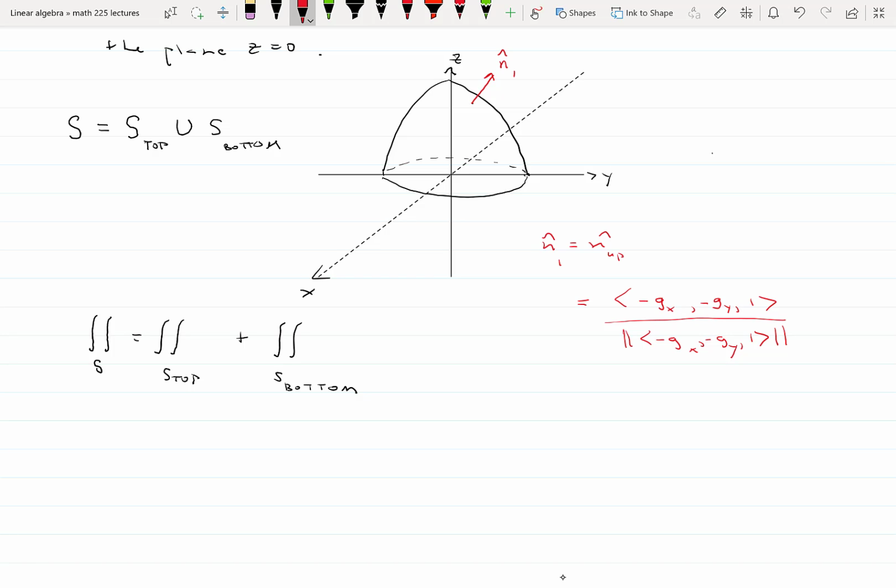Where g is the paraboloid, g of xy is 1 minus x squared minus y squared.